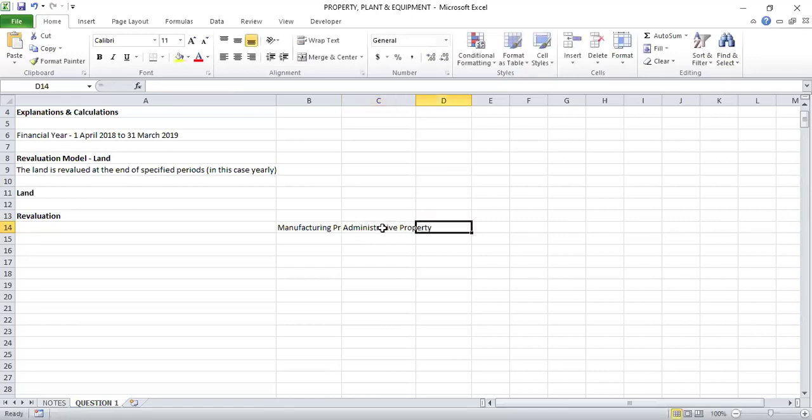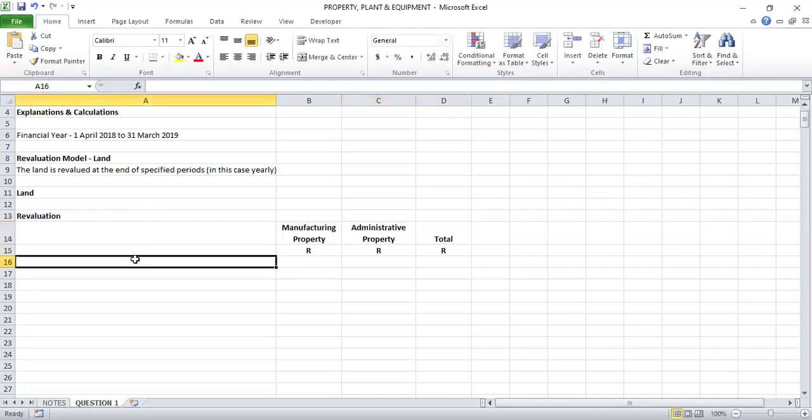Then total. Right. I want to put it in a way that it will make it easier for you to just export to the PPE. Right. We have our carrying amount at the beginning of year here.